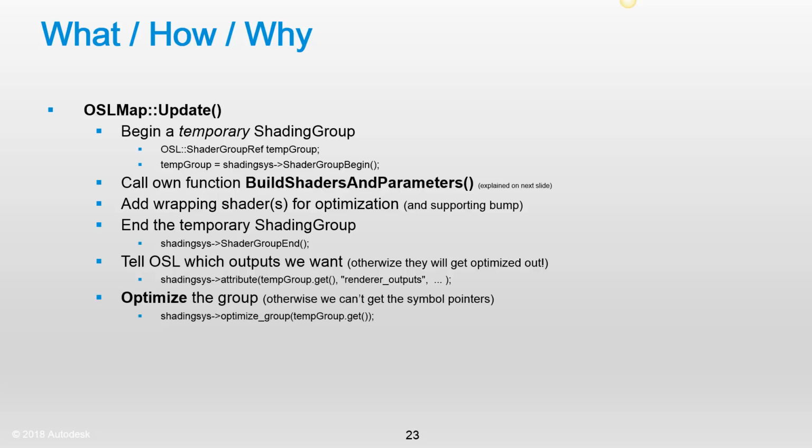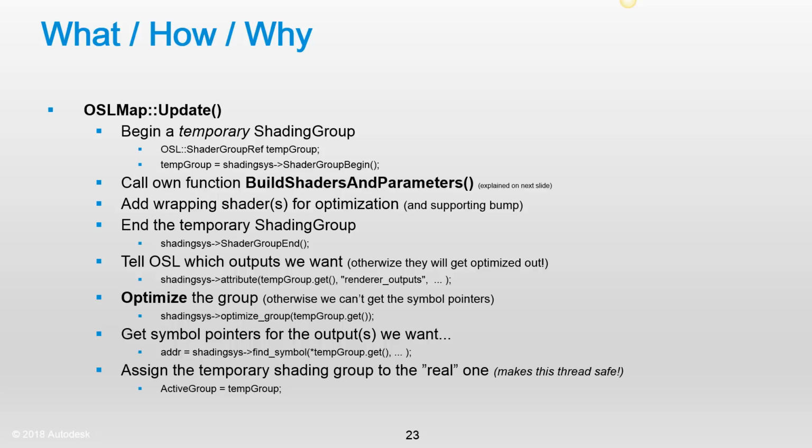And then you optimize the shading group, because you have to get the pointers, and you can't get the pointers to the outputs until you optimize the group, because things can move around while you do this. And then you assign the temporary shading group we made to the active group. This is what makes this thread safe.